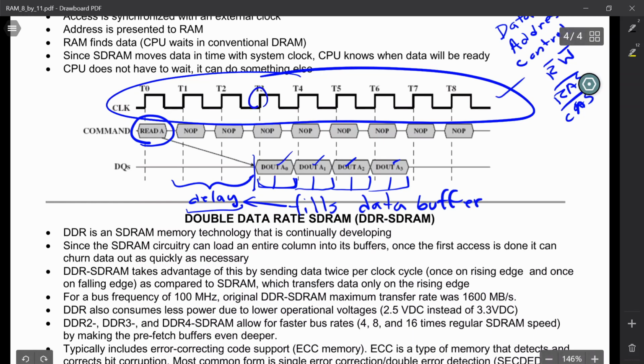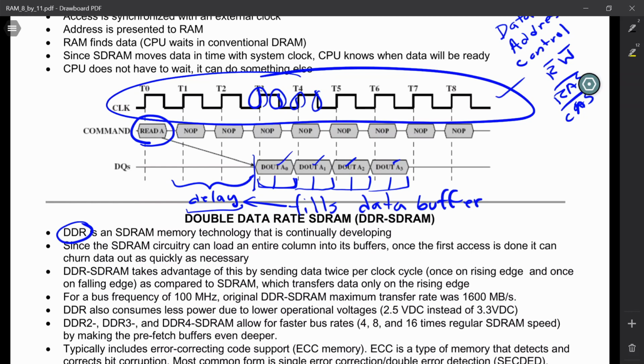We sent 1 piece of data for the rising edge, 1 piece for the falling edge. We were able to double the rate at which we could send data back to the processor. That is where this idea of DDR comes in, double data rate. So double data rate basically means now I'm sending you back 2 pieces of data in a single clock cycle.